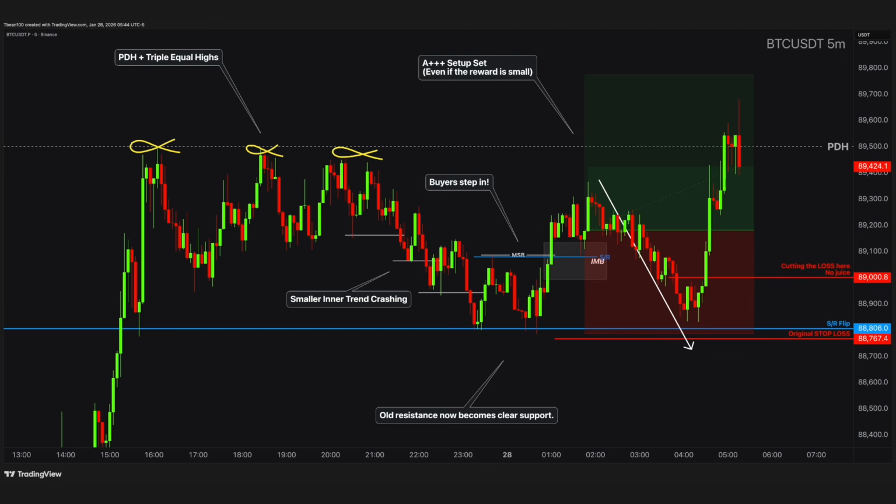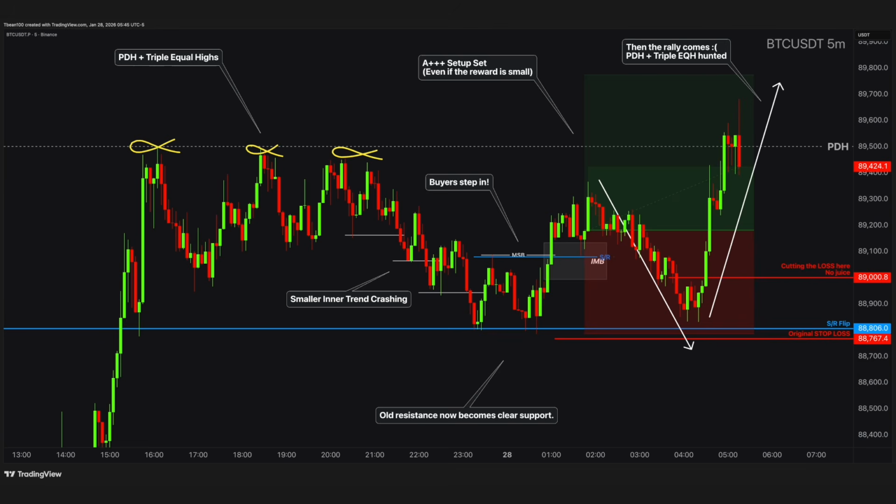In situations like this, cutting your loss halfway and protecting part of your risk makes a lot of sense. By doing that, you can save the remaining 0.5 R and only take a 0.5 R loss instead of the full one. In the end, this A++ setup actually worked exactly as I expected with all the patterns.